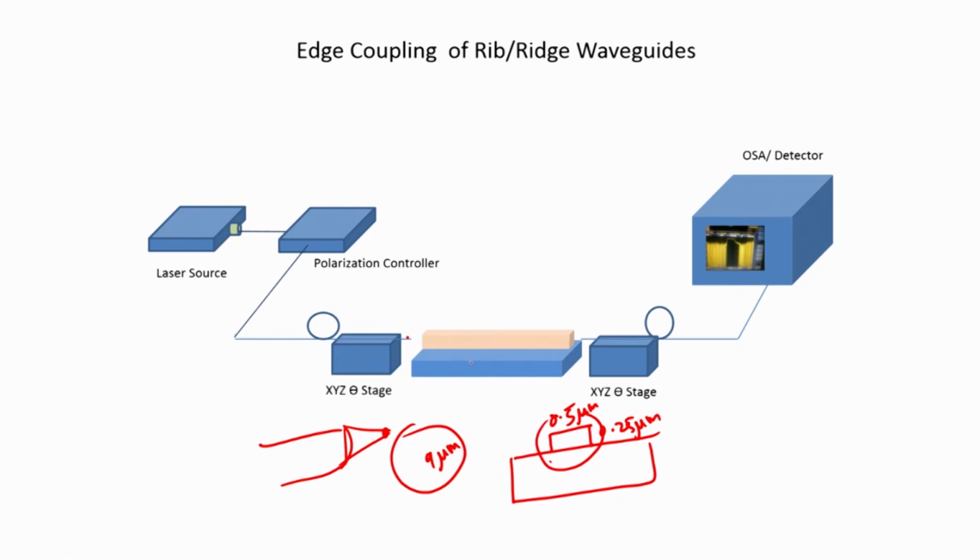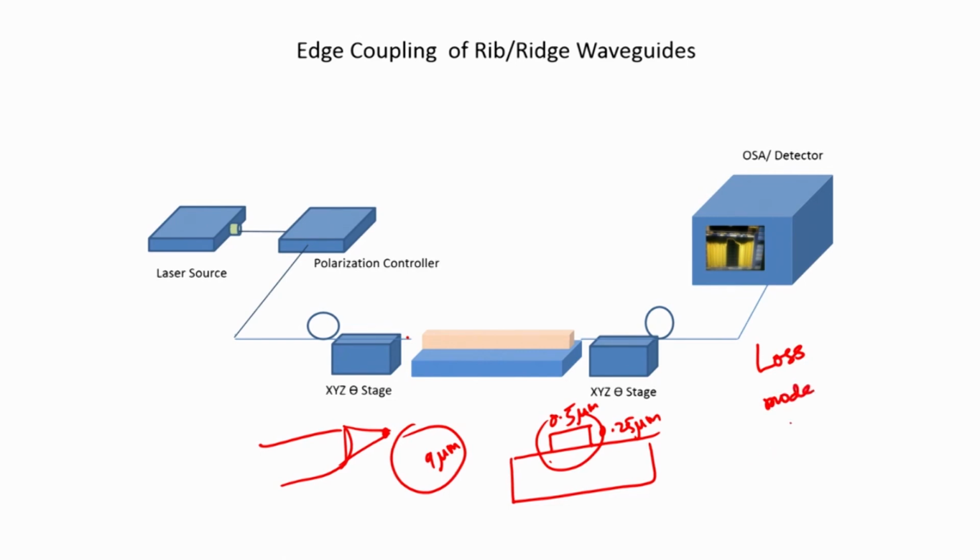So, we need to have mechanisms where we can inject light into this integrated optical device very efficiently. At this moment we are considering the characterization where we would like to measure the properties of this device, like loss of the waveguide, the mode field properties and so on.